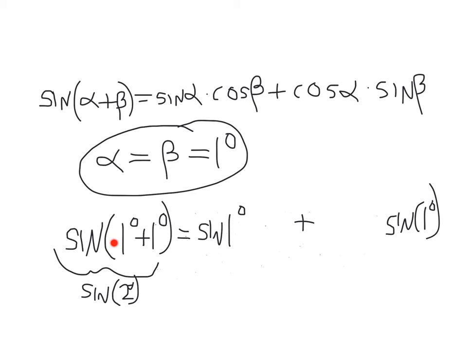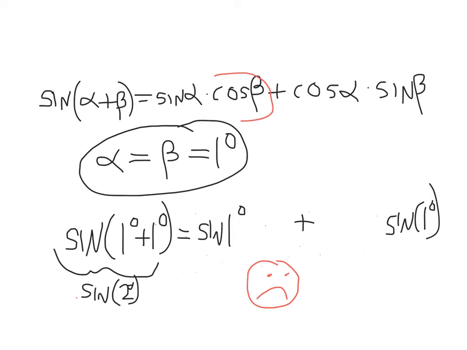2 is 1 plus 1. Well, you might kind of incorrectly say, yeah, it's sine of 1 degree plus sine of 1 degree. Well, that's wrong, right? You can't say the sine of 1 plus 1 degree is sine of 1 plus sine of 1, because look up here. Here's our sine of 1, and here's our sine of 1. But we have to worry about this cosine now, cosine of 1 and cosine of 1, right?